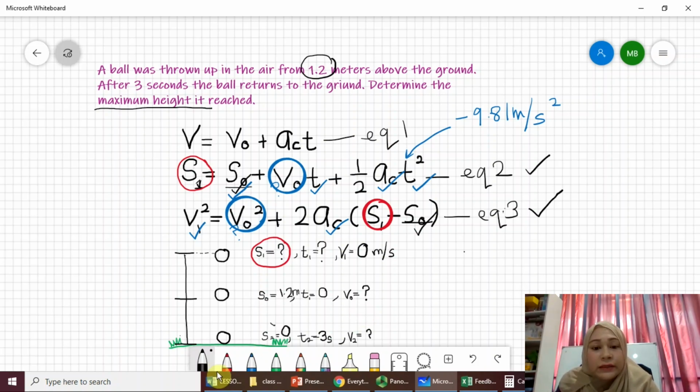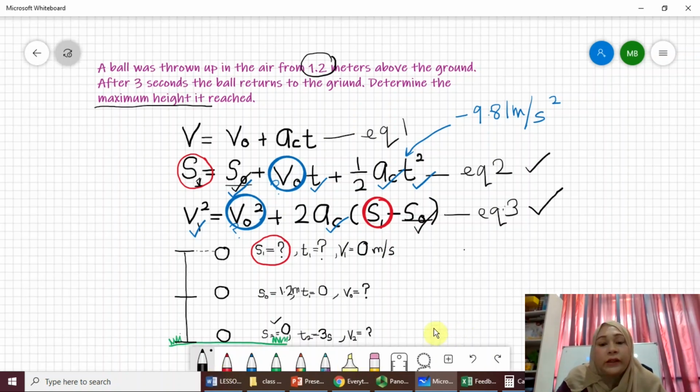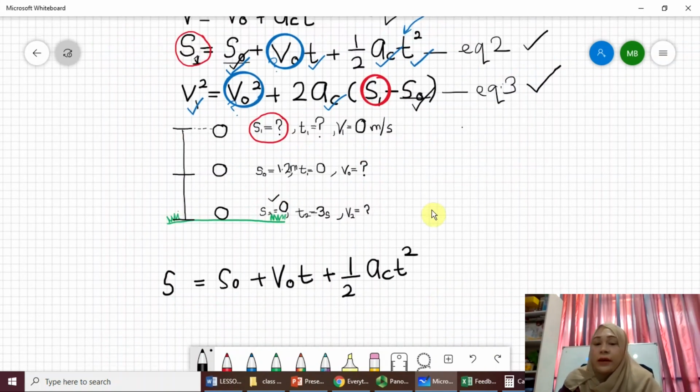So we can use the information of S2 to solve for V0. We have S2, we have S0, we want to find V0, we have a, and t.